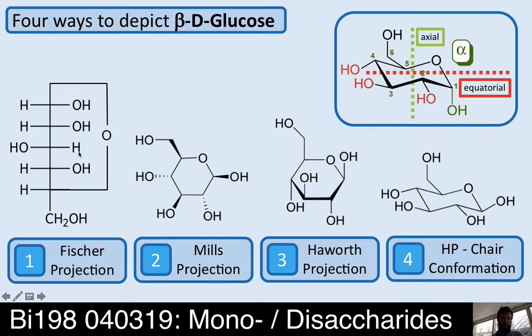So we talked about the Fisher projection. You can also use the Fisher projection to show the closed ring form, but with this weird box over here. I'm not going to go into the history of all these, but there's a Mills projection where the dotted line means the hydroxyl group is going away from you into the plane, and the solid line means it's coming up out of the plane towards you. Likewise, this is below the ring, above the ring, etc.